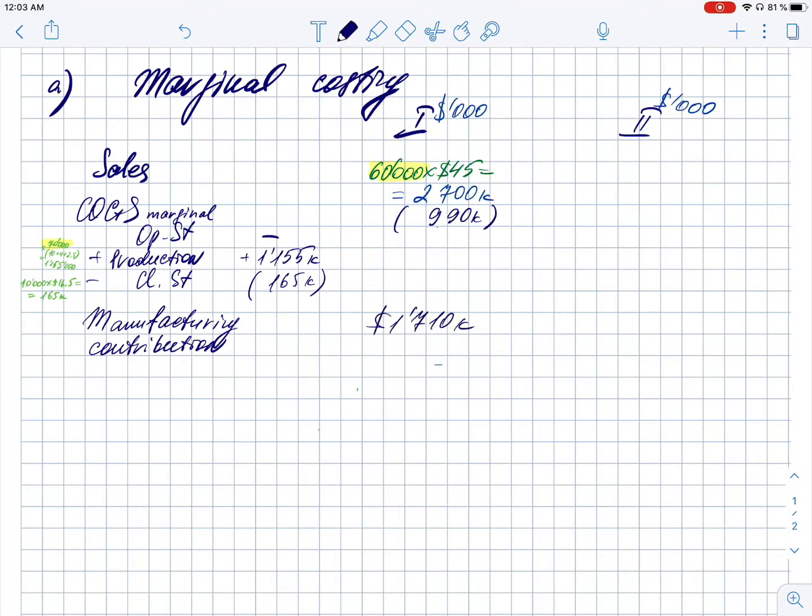1,710,000. And then we have to deduct variable selling costs in order to calculate total contribution. Variable selling costs could be calculated as 60,000 units sold multiplied by $1.50 of variable costs per unit.